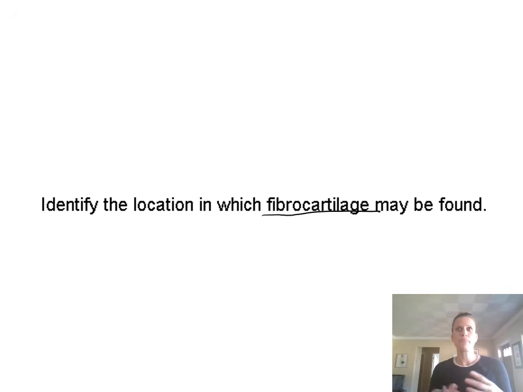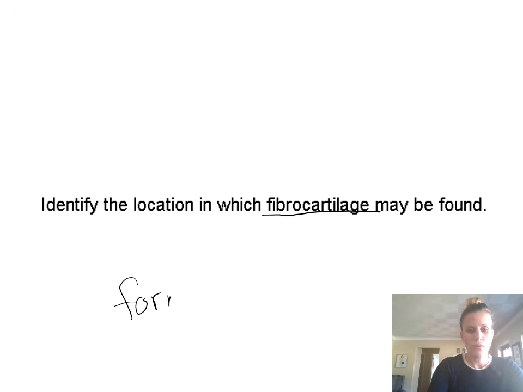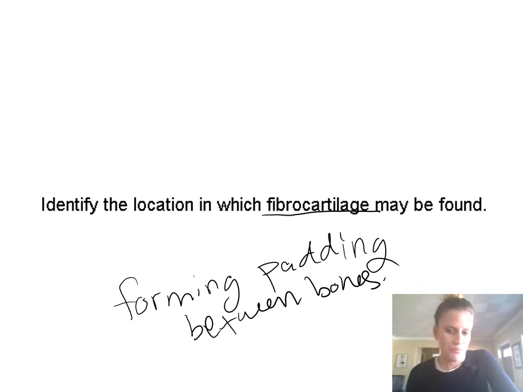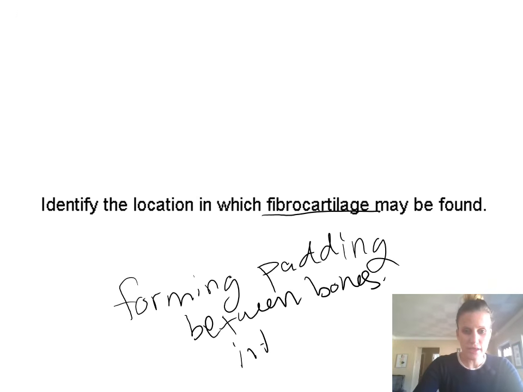Fibrocartilage is the strong cartilage that forms strong discs between our joints. So you could say forming padding between bones, or you could say in the intervertebral discs.